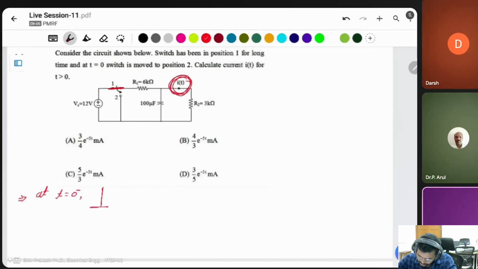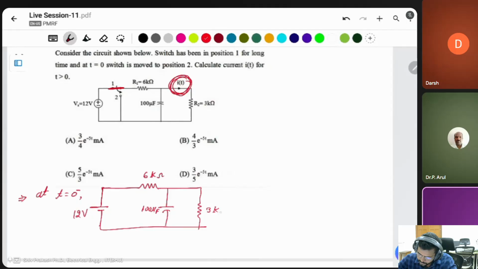This is the supply voltage, then a resistor, then the second resistor, and the capacitor is connected across R2. This is 12 volt, R1 is 6 kilo ohm, this is 100 microfarad, and R2 is given as 3 kilo ohm, and we have to find this current IT.